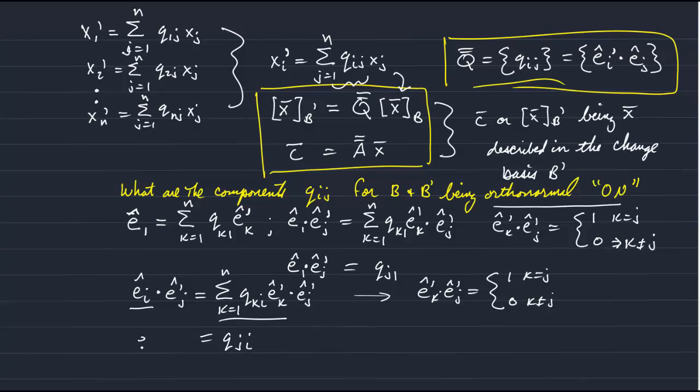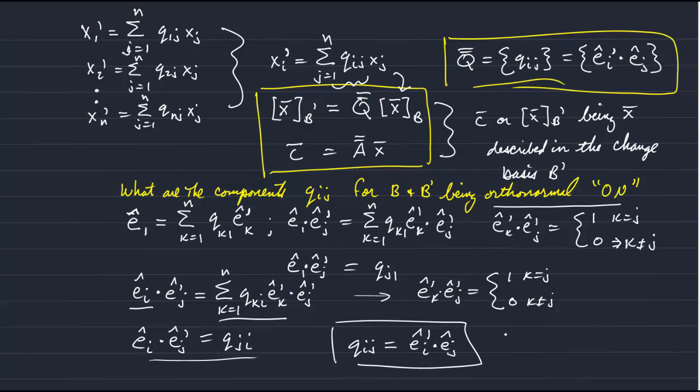And so this tells us that Qji is equal to the ith base vector for the unprimed system dotted with the jth base vector for the primed system. So in other words, Qij, each component of the transformation matrix, is equal to Ei prime dotted with Ej hat.